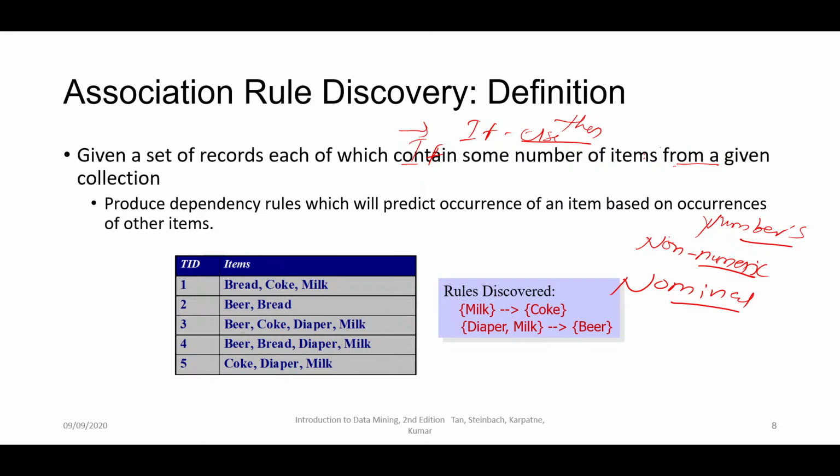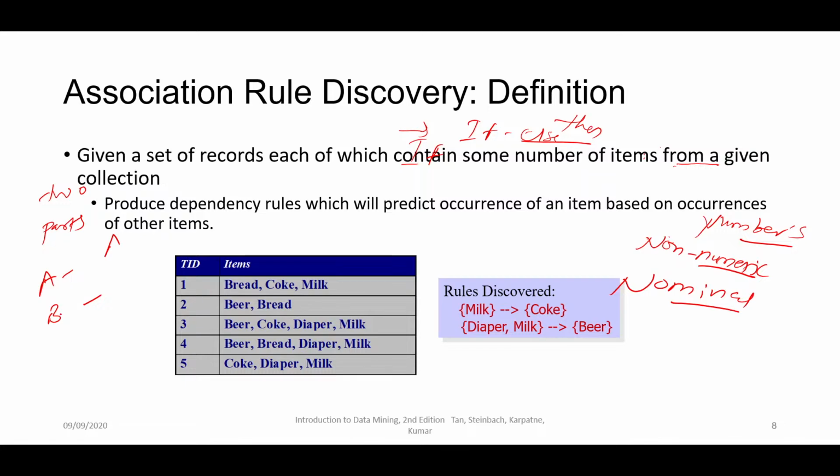Association rule is one of the important learning techniques which can be used in detecting the dependencies between two atoms. For example, here I am having two atoms, A and the second one is B. Association rules have two parts.